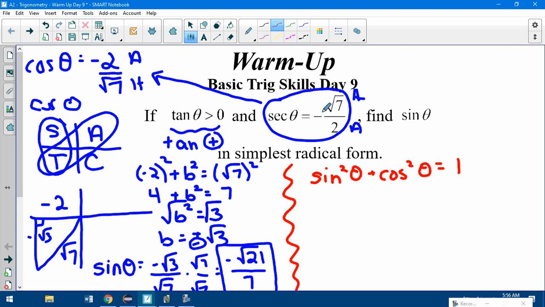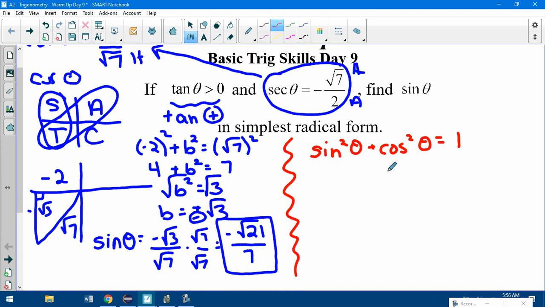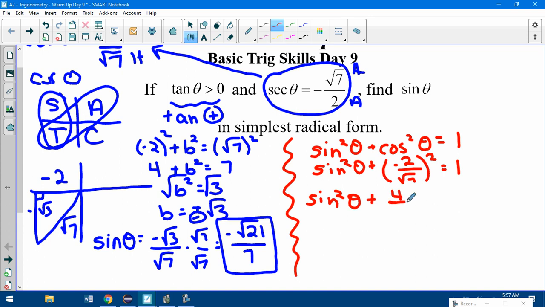We're looking for sine. We're going to plug in negative 2 over radical 7 for cosine. So sine squared theta plus negative 2 over radical 7 squared equals 1. Which means I have sine squared theta plus, that's going to be 4/7 equals 1.